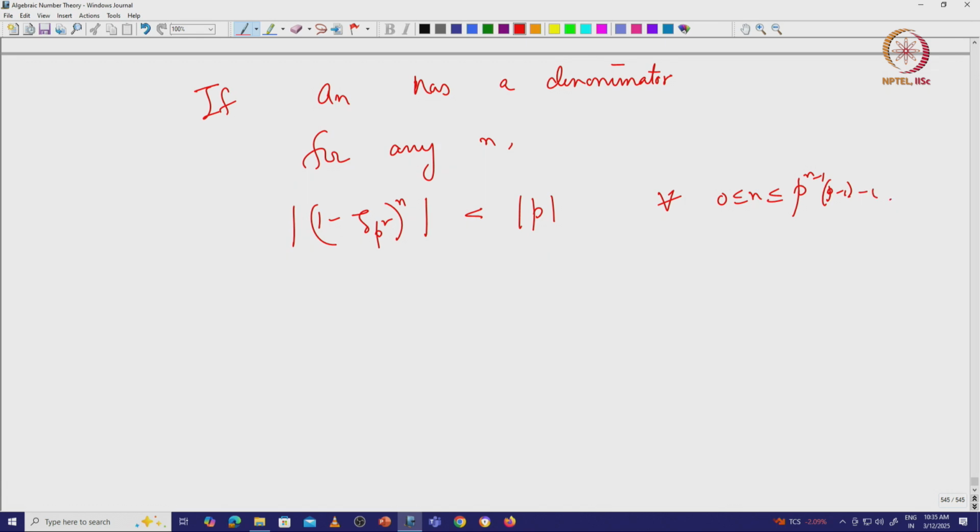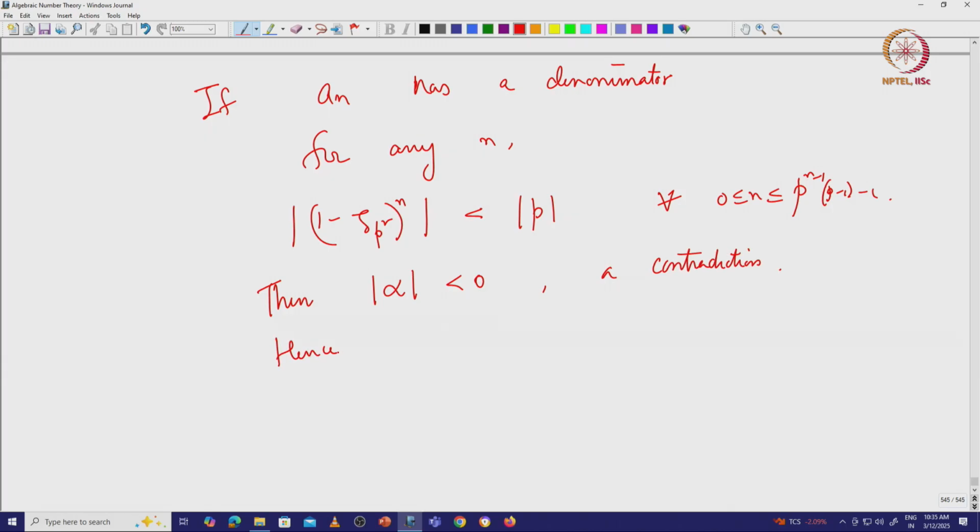And so, if this happens, then the valuation of alpha will be less than 0. This is a contradiction, right.